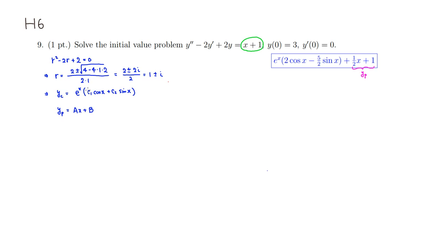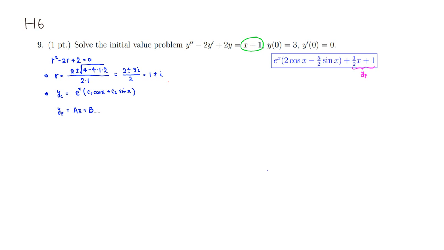Luckily, this first initial guess has no overlap with the complementary solution, so we're going to keep it that way. Then we just have to plug it into the differential equation to find a and b.